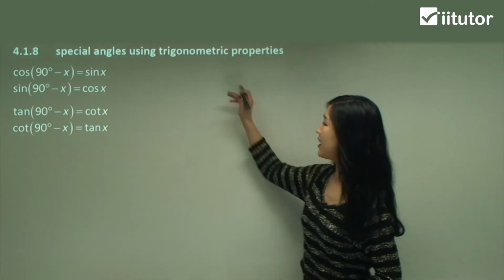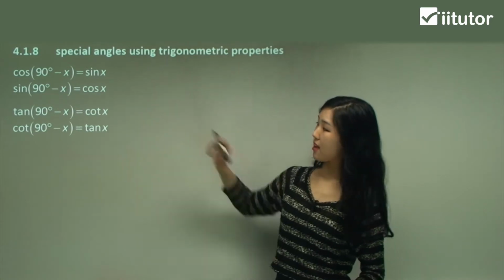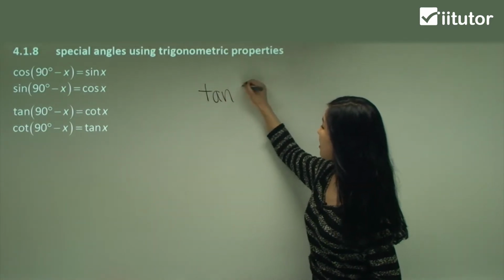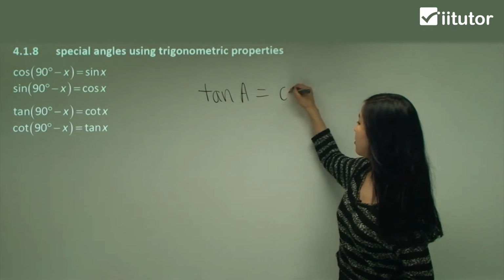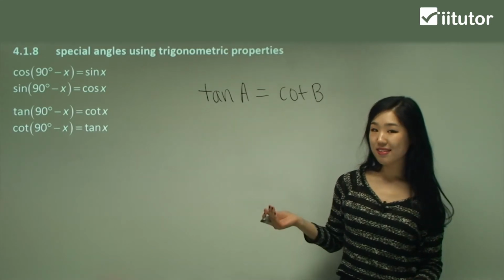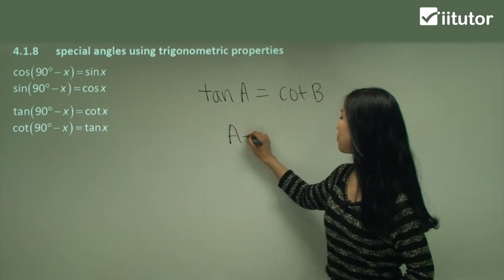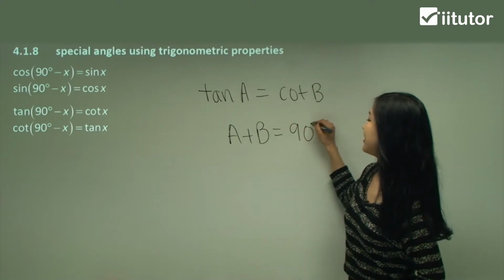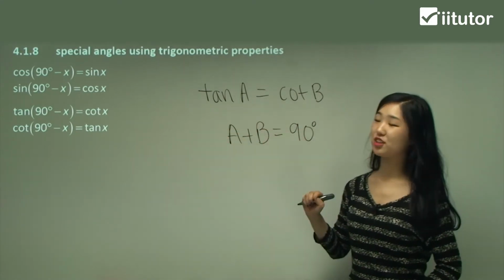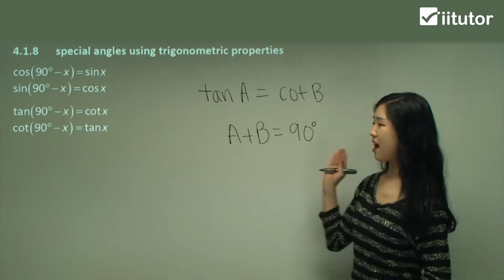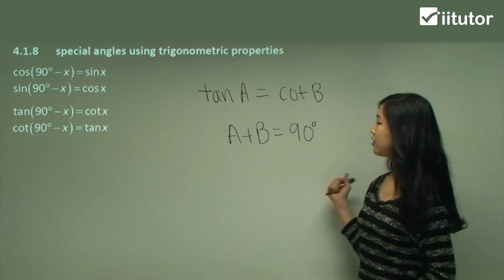So similarly, if tan A equals cot B, in this case, A plus B must equal 90 degrees as well, just like I showed you with the cos and sine.